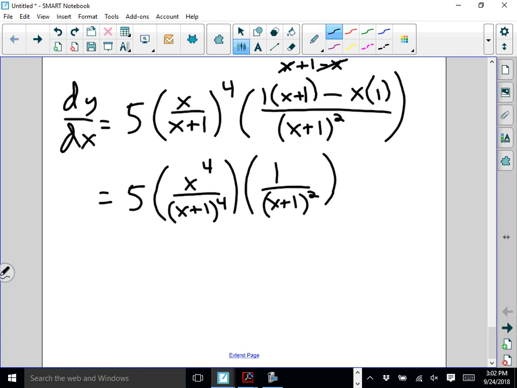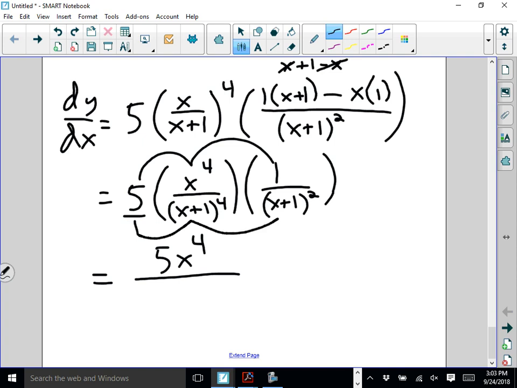When I do 5 times x to the 4th times 1, I get 5x to the 4th. When I multiply 1 times x plus 1 to the 4th times x plus 1 squared, I get x plus 1 to the 6th. And that leads me to answer choice C.